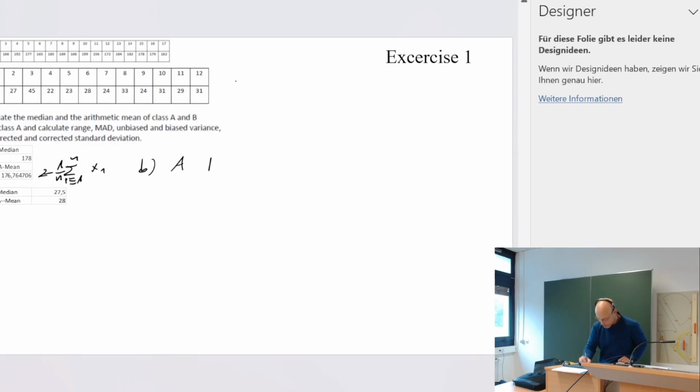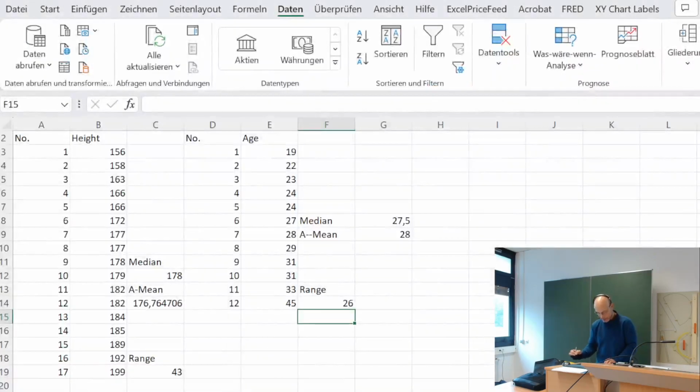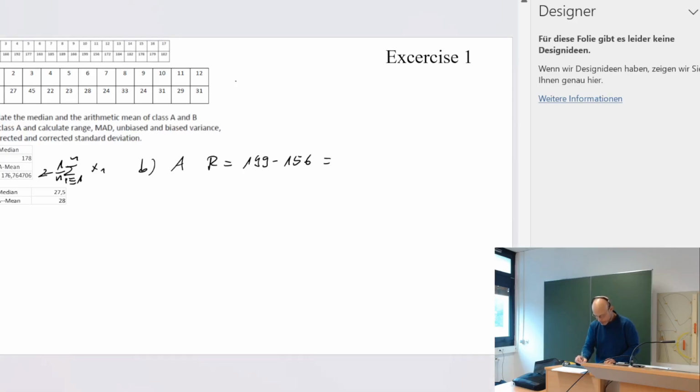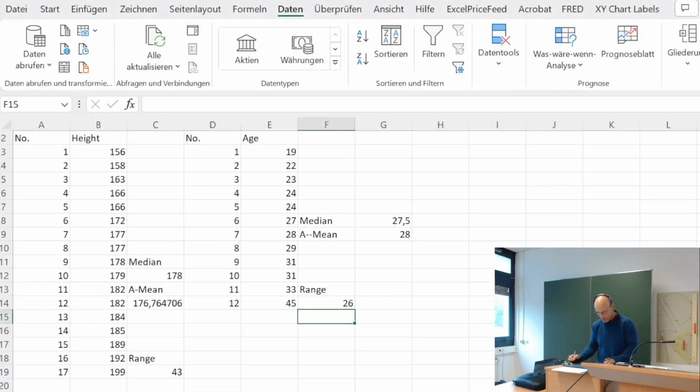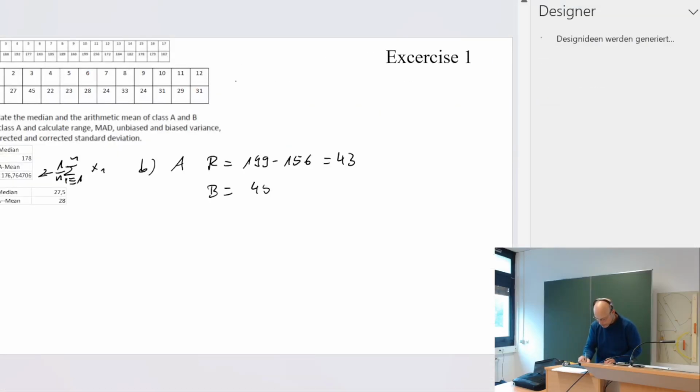So R equals 199 minus 165, which was 43, and B was 45 minus 19 equals 26.